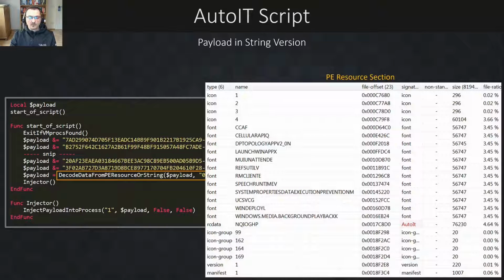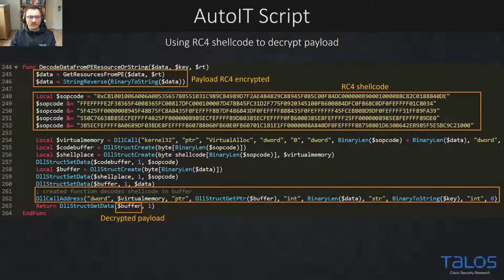And it was doing that by combining these font entries, which you can see here, to a big binary blob, and then reversing it, like you can see here on this slide, this decoding function. It was reversing it with a string reverse command, and then it handed it over to an RC4 decoding routine.